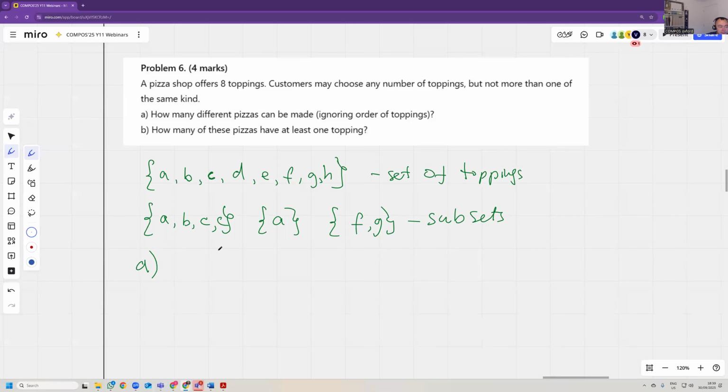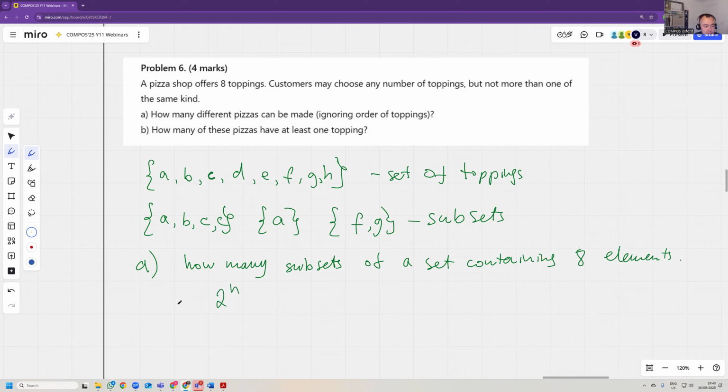So question A: how many subsets are there of a set containing 8 elements? And the answer is 2 to the power n.